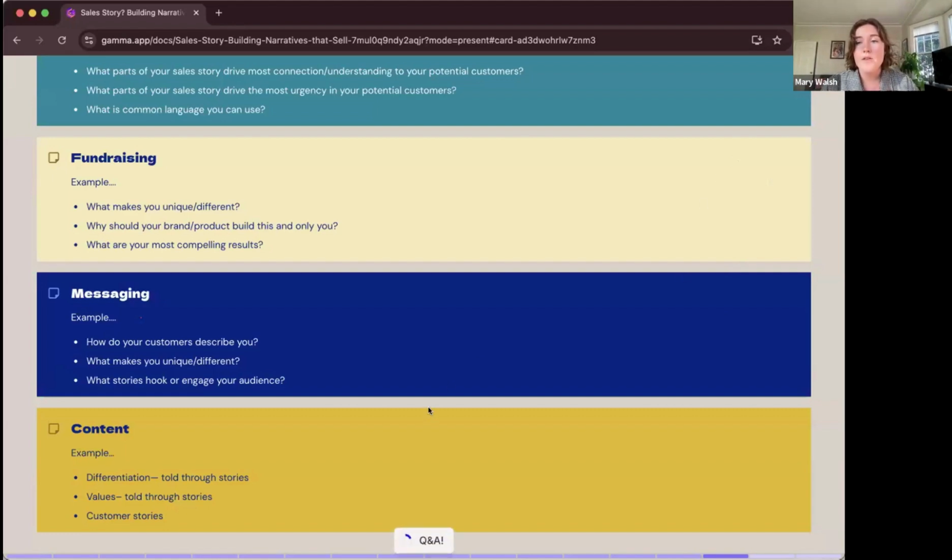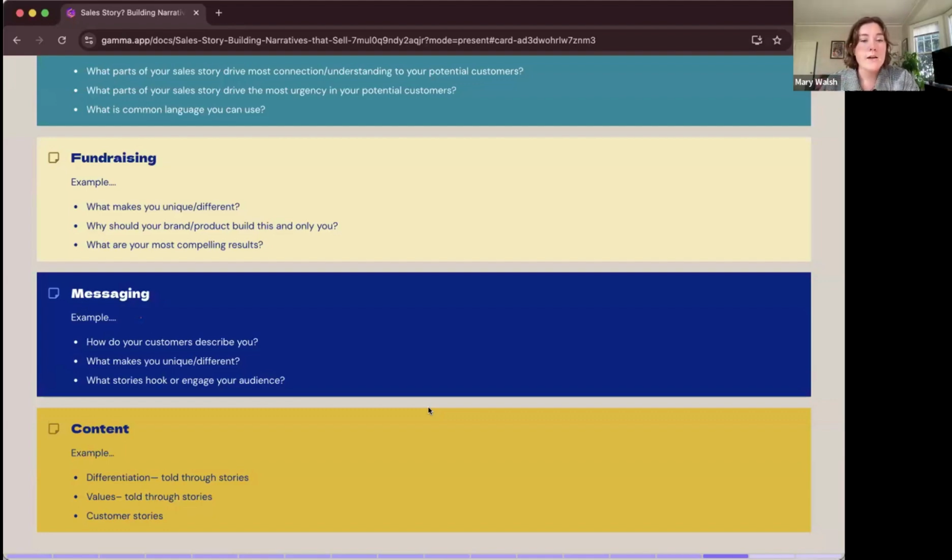And then the last portion of this content is where you can have a lot of fun with storytelling and with taking all of these different aspects of your framework. You can take some of your why, and there's a story there that you can turn into a blog or a video or LinkedIn content.